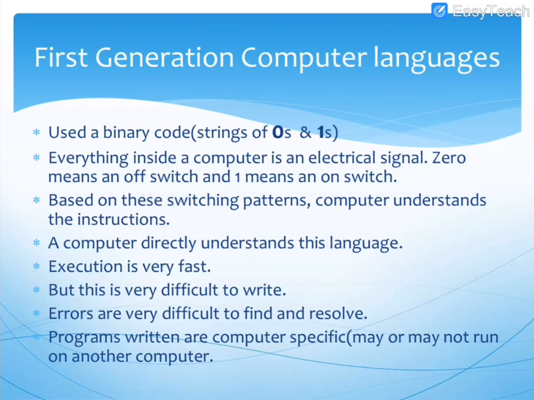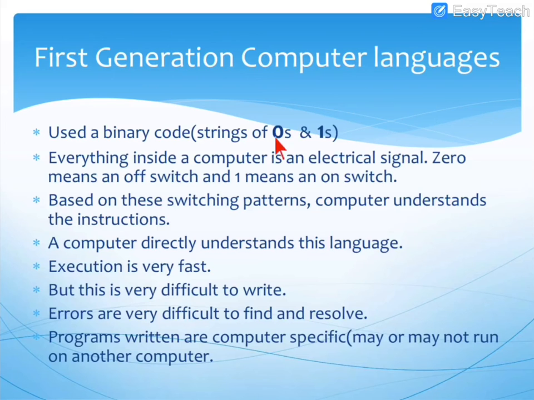But the thing is, the computer understands this language of zeros and ones very easily, but it is very difficult for us to write. I will give you an example where you will see how difficult it is to write in binary language. Plus, if we commit any kind of error while giving instructions to the computers, it is very difficult to solve that error.